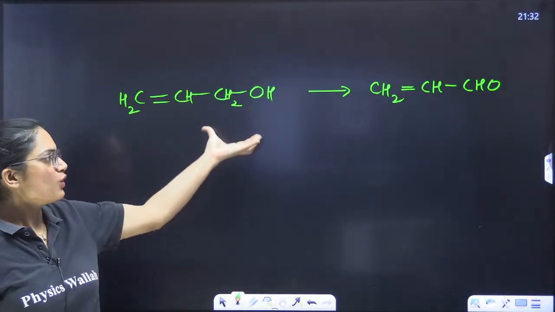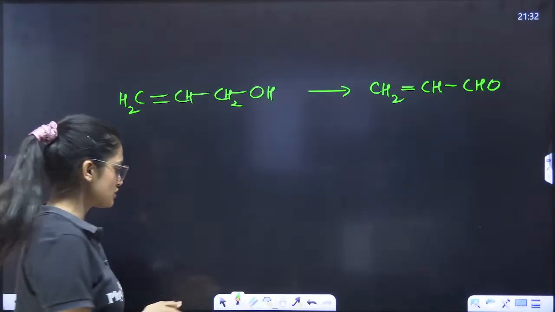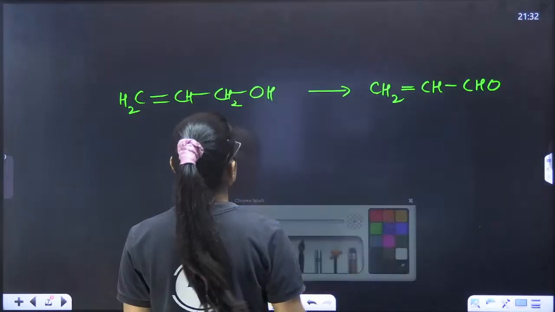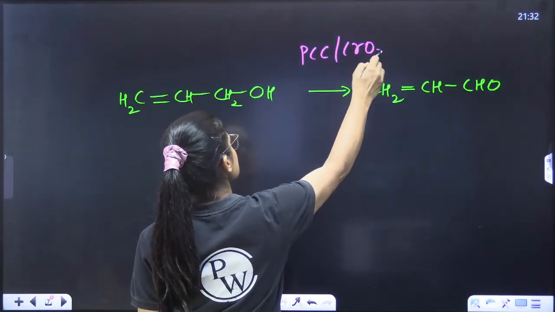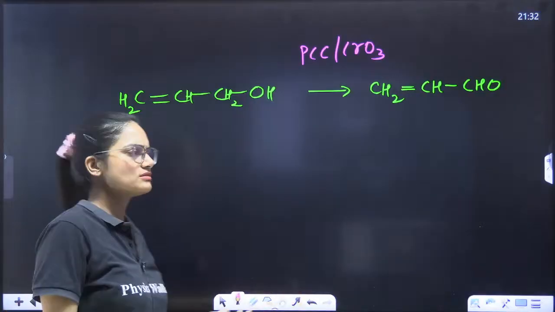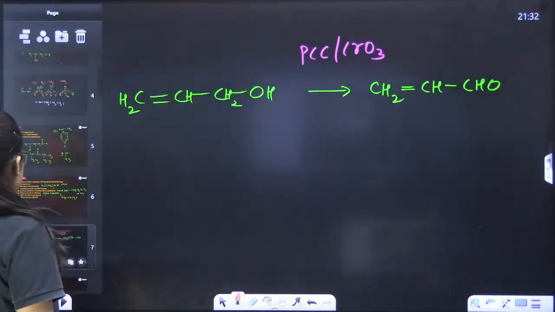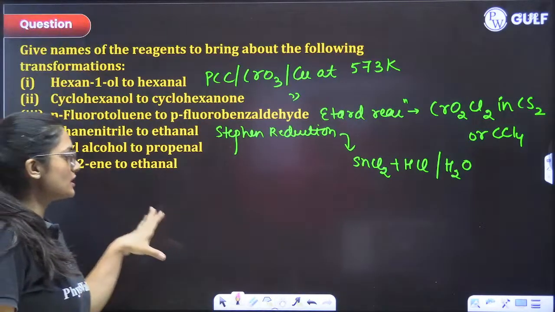Again, this is an alcohol which you want to convert into aldehyde. So yes, you'll be carrying out its oxidation with PCC, CrO3, or copper at 573 K. You can use any. Next one, butene into ethanal.